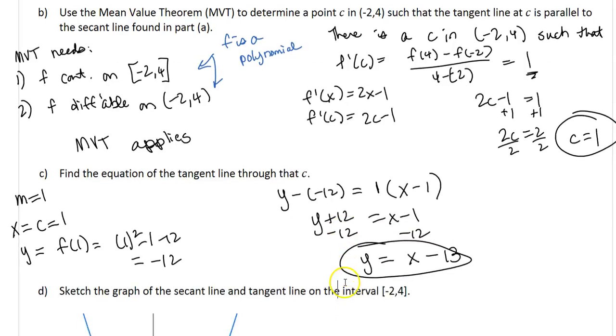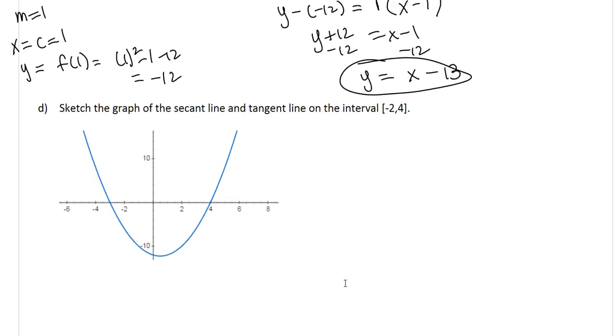And then I'm going to graph both of those lines together. So the secant line and the tangent line. Remember, the secant line was here from negative 2, negative 6 to 4, 0. So that's my secant line.